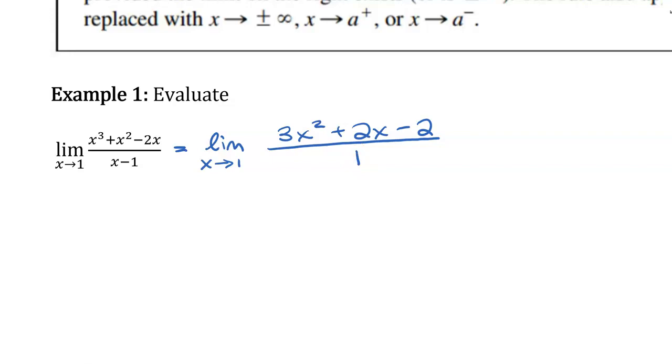Okay, well, now if we use direct substitution and we put 1 in for x everywhere, we're going to get, well, that looks like 3 plus 2 minus 2, so that'd be 3 over 1, otherwise known as 3. So with L'Hopital, we can actually evaluate, whereas before we had to kind of hand wave it.